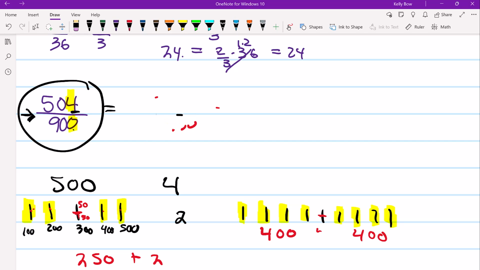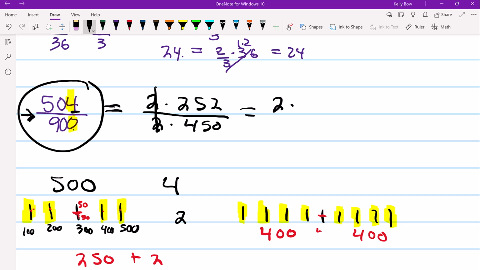So if you're going to let them use a calculator for a hard one, to give them some calculator skills, since they both end in an even number, then this would be 2 times 252. 900 divided by 2 is 450. 2 divided by 2 is 1. Well, these both end in an even number. So you would start the process again.